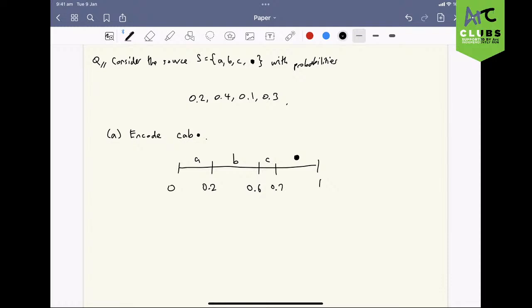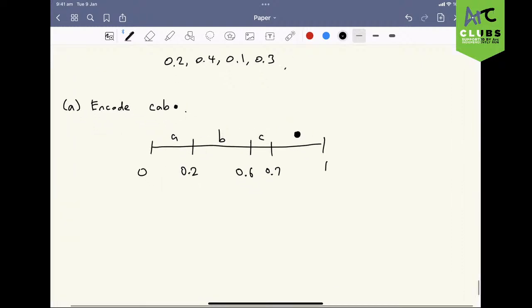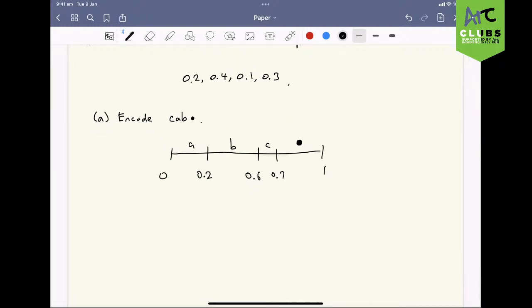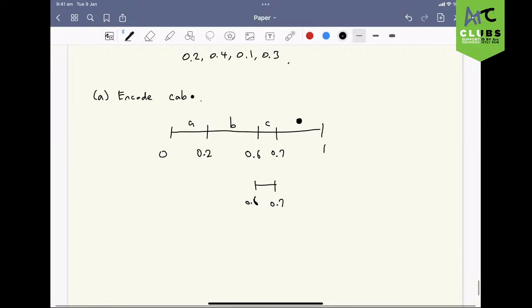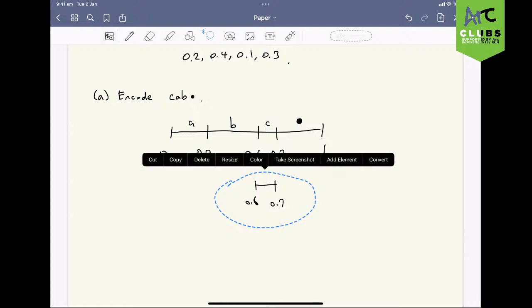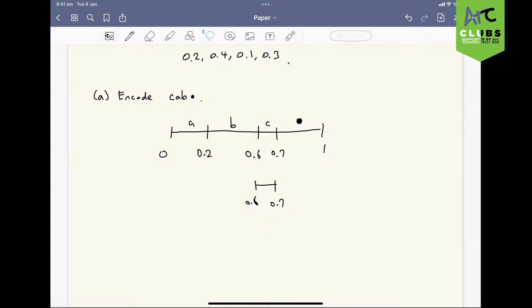The way we encode CAB, or any message like this, is that we first look at the interval corresponding to C, so 0.6 to 0.7 over here, and isolate that out. And then we want to rescale this back into the 0 to 1 size. So let me try that here. Resize. Actually, I'll copy that.